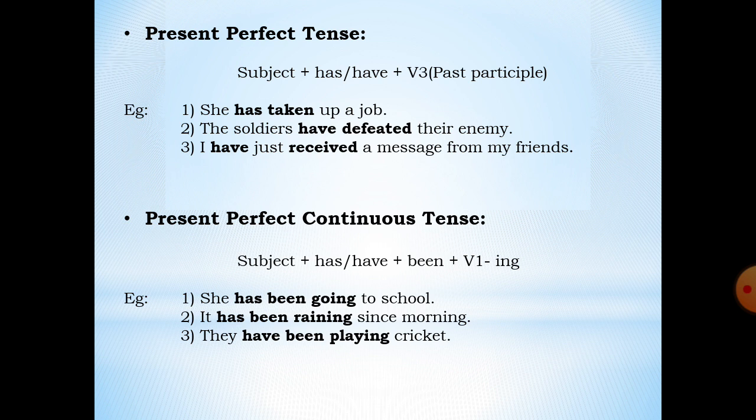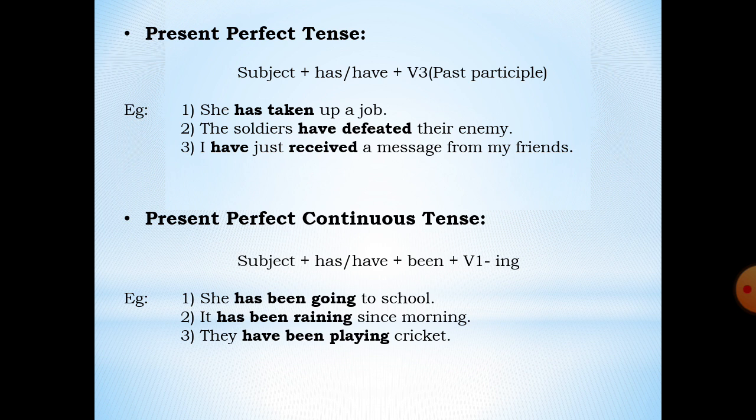First sentence, she has been going to school. She is the subject, has because she is a singular pronoun, been because it's present perfect continuous tense. That's why been is added along with the verb, and the verb is in continuous form, meaning ing is there along with the verb.